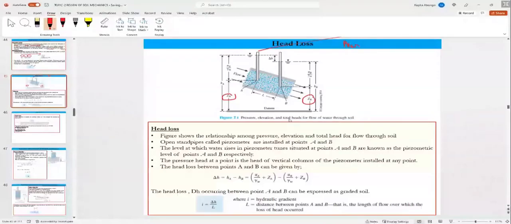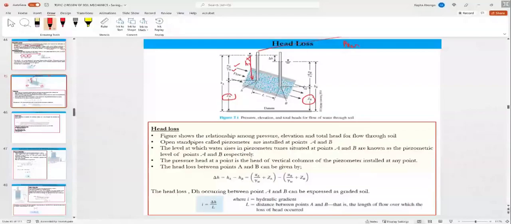Now the water is flowing. The piezometer is going to indicate a water level. That water level, pressure over the unit weight of water, gives you the head H1.